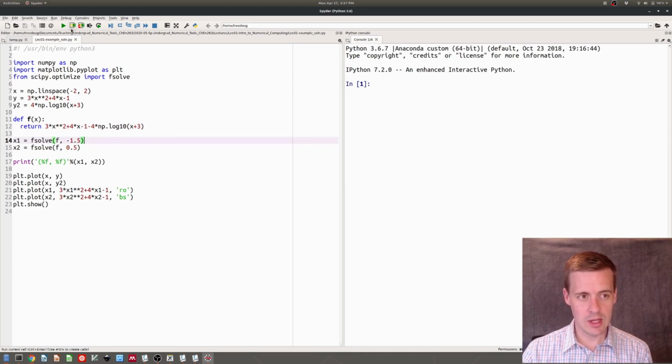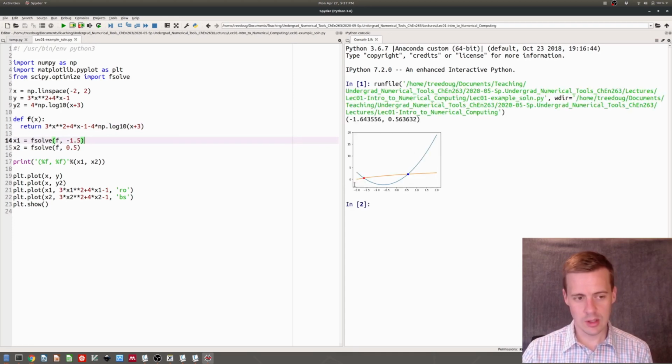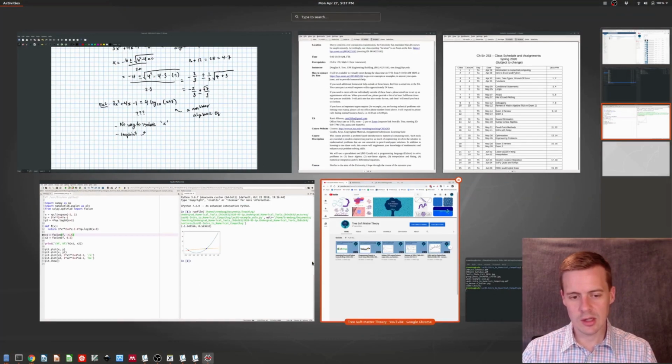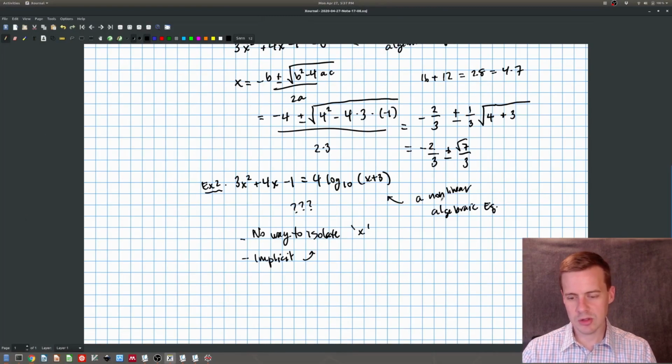And it turns out that I can run this code here, and I can find what these solutions are, and I can find the answers. It turns out that there's 2 different solutions, just like there were 2 solutions in this case, plus or minus.